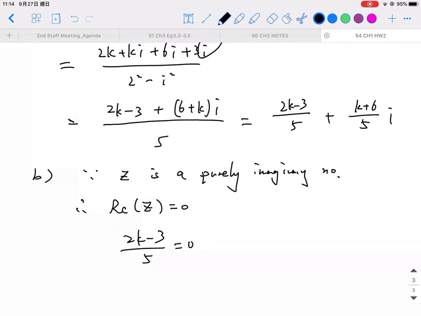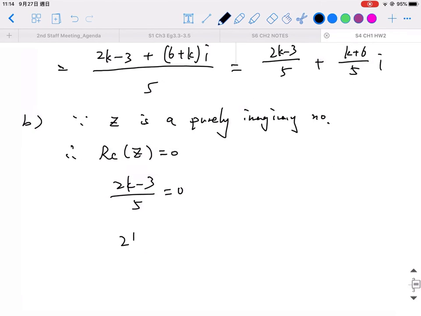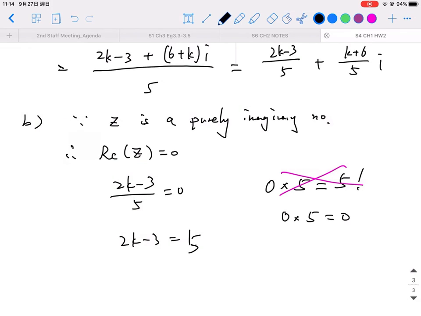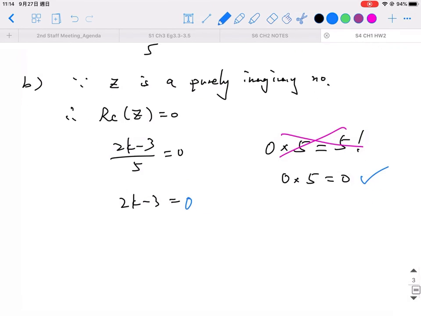When I marked your homework, some of you wrote down 2k minus 3 equal to 5, making the mistake that 0 times 5 is equal to 5. It's wrong. Pay attention: 0 multiplied by anything should be equal to 0. So don't make the same mistake. The result should be 0 here, and therefore k will be equal to 3 over 2.